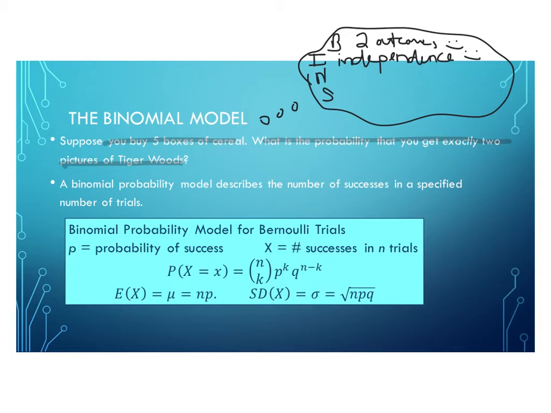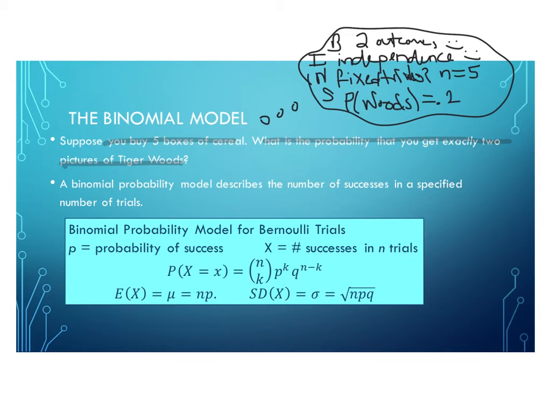Yes. Do we have a fixed number of trials? Yes, we have 5. And then is our probability of success, meaning we want Tiger Woods, constant? Yes, it is 0.2.